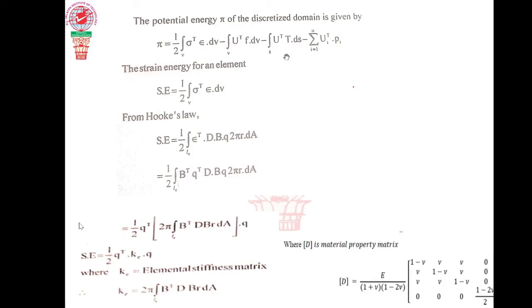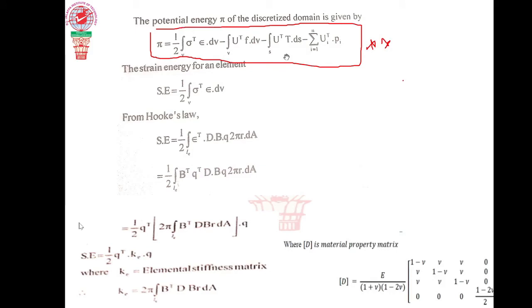See, in order to derive the stiffness matrix, we are going to take a potential energy function, that is pi. Let me see how many people remember this equation. Where did you discuss the potential energy function equation?